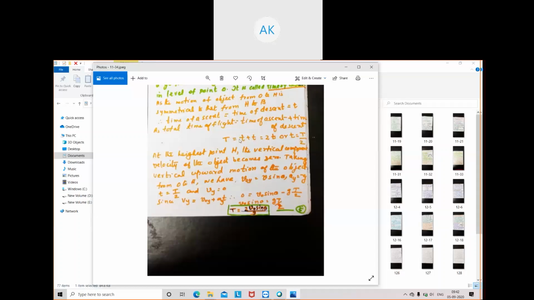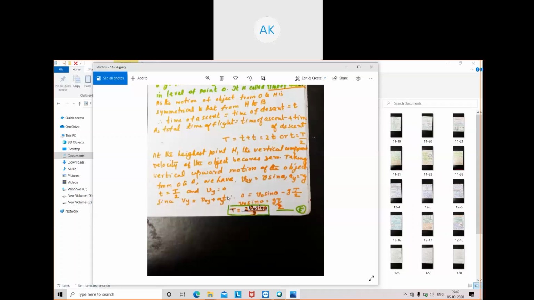We are using this equation to find the time of flight. Final velocity Vy, when it reaches the highest point, is 0, and V0y is the initial component of velocity along the y direction, V0 sin theta, minus g into capital T by 2.